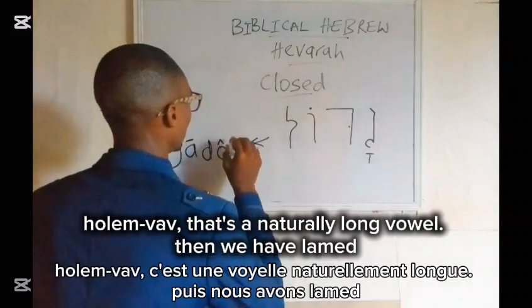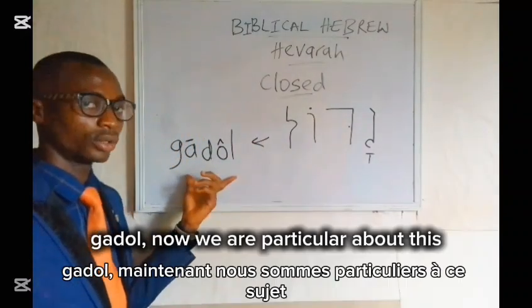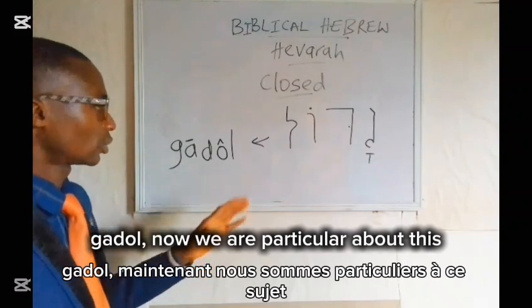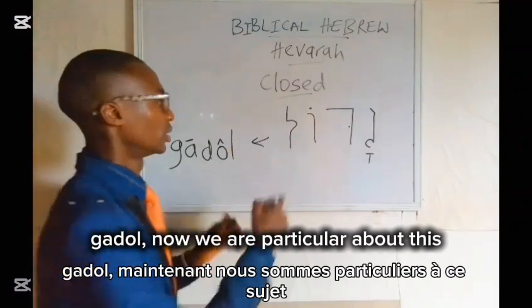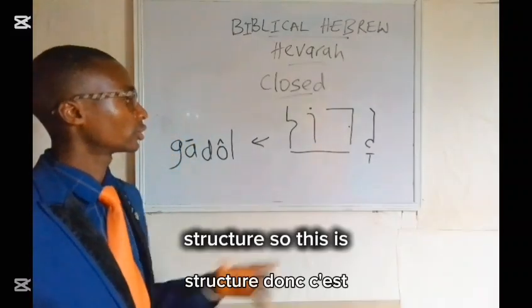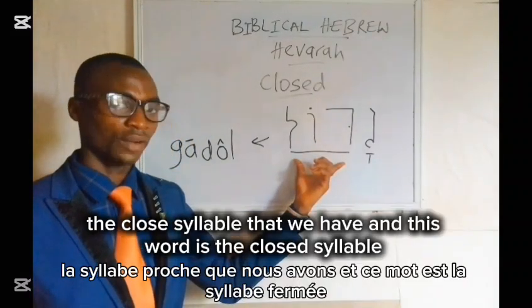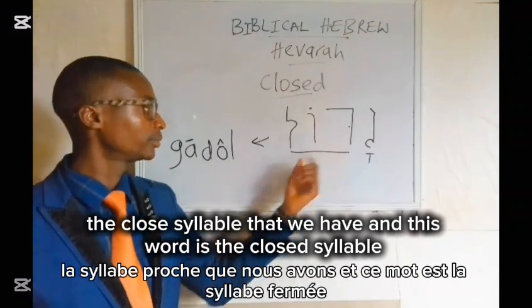Then we have lamed, gadol. Now we are particular about this structure. So this is the closed syllable that we have in this word.